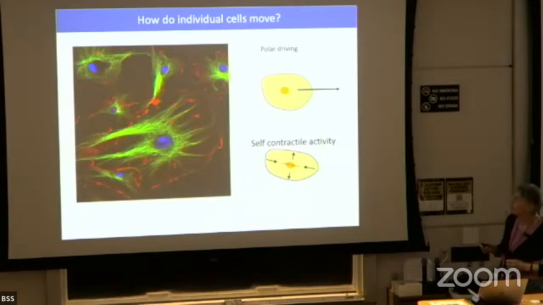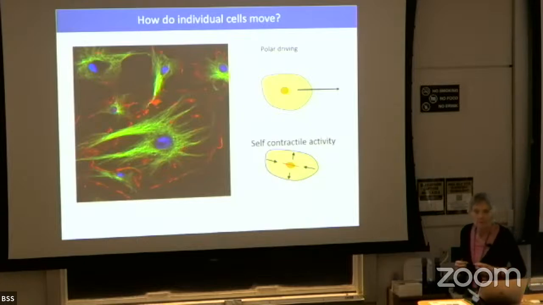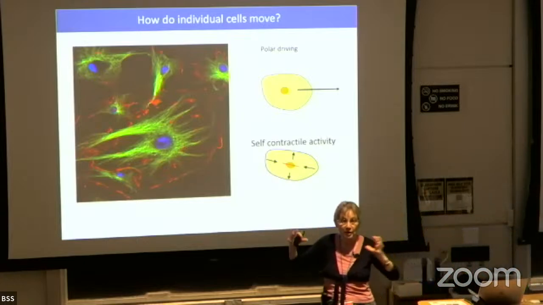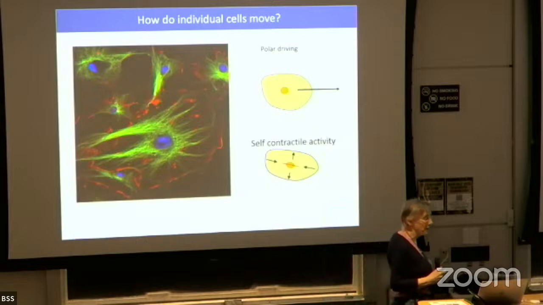So a minimal model of a cell would be polar driving with a fluctuating polar force, and then some sort of self-contractile activity, which gets it back to the right shape. This would biologically be due to the focal adhesions with the surface. This would biologically be mostly due to the actomyosin network pulling itself in.